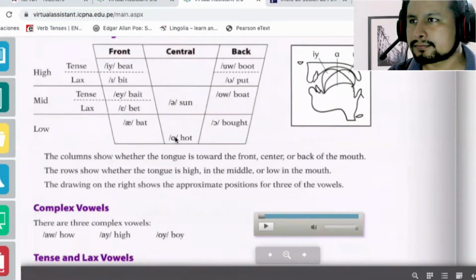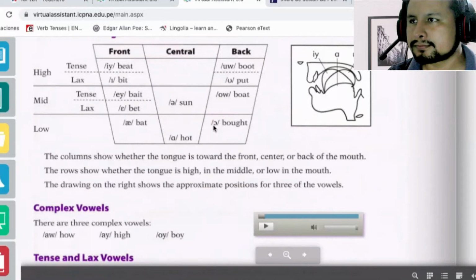It's the same word. But in English, if you don't open your mouth to say a, to say, for example, hot, and you say only hot, people don't understand. If you're saying hot or hut or hat. Okay? So this is the phonetic symbol for the sound a.